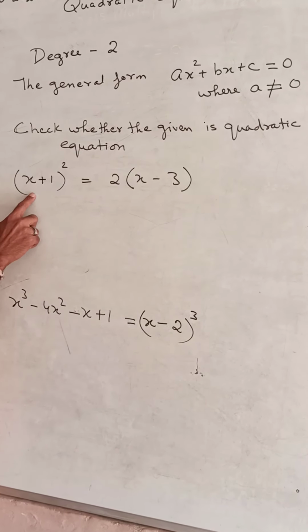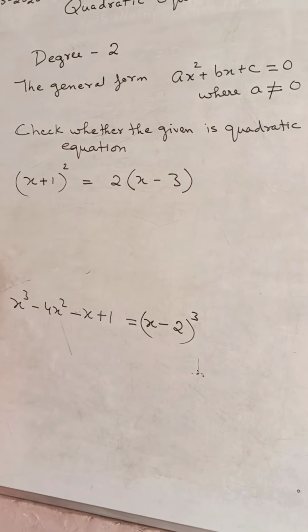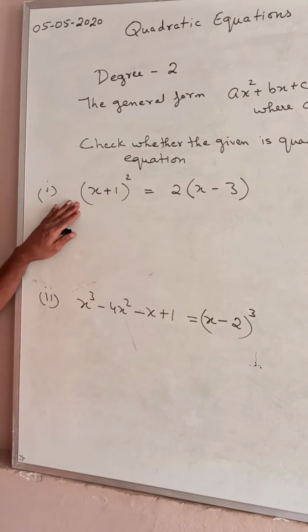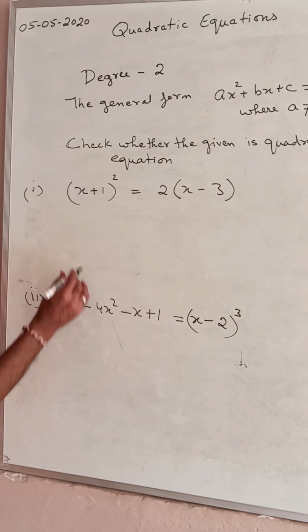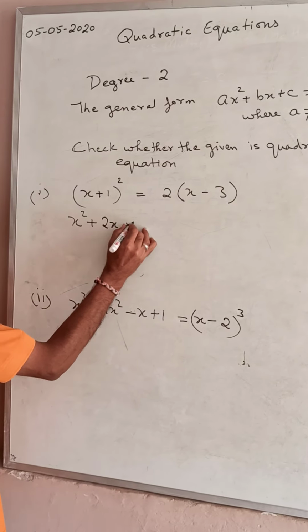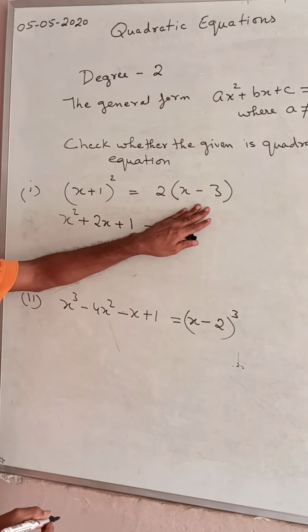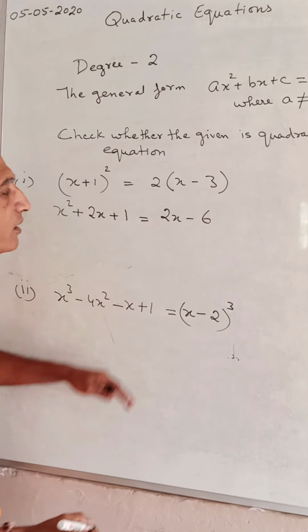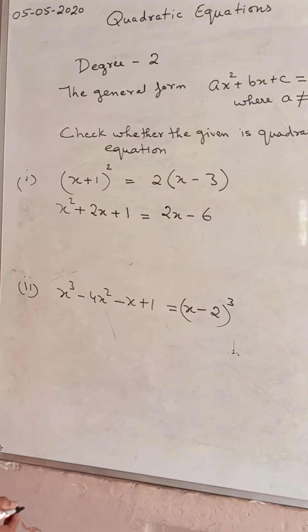First, I'll apply the identity to expand this. I get x square plus 2x plus 1 equals to, open this bracket, you get 2x minus 6. Let's shift this part to this side.